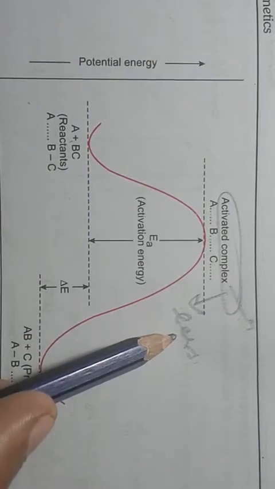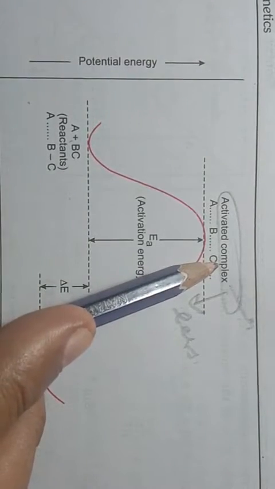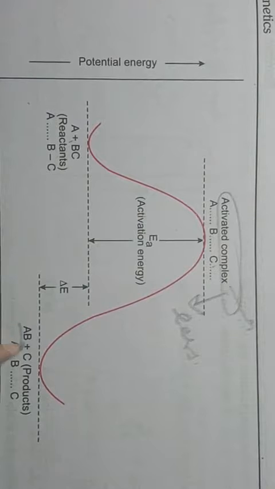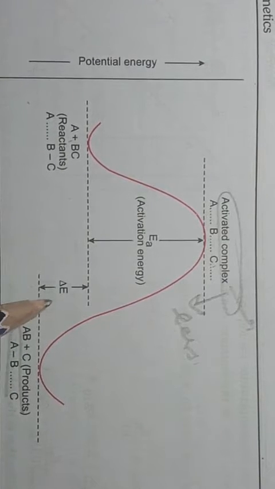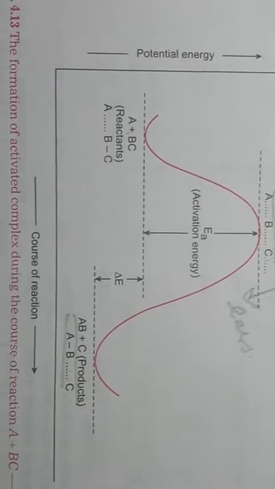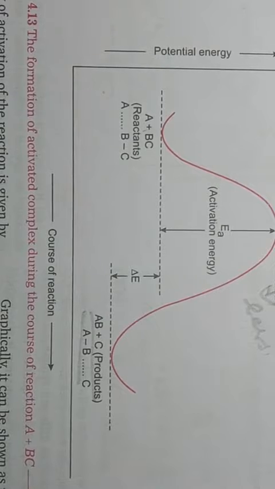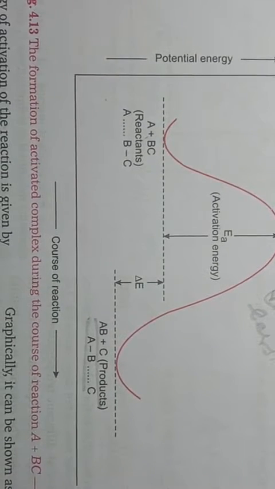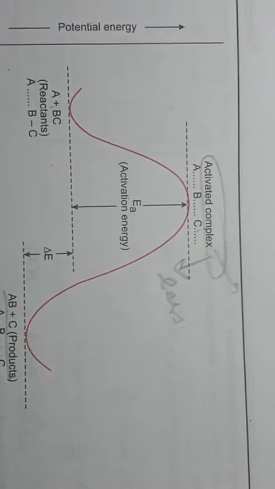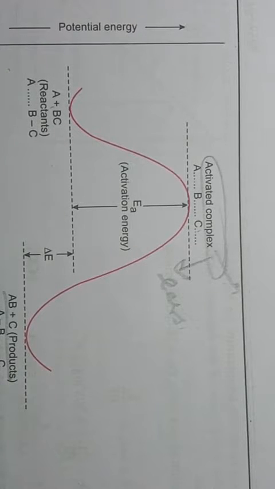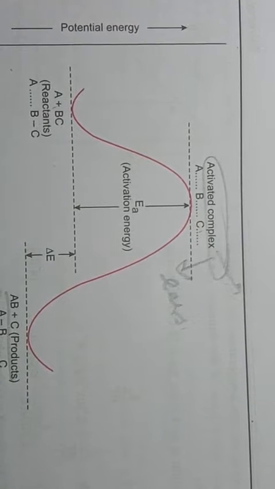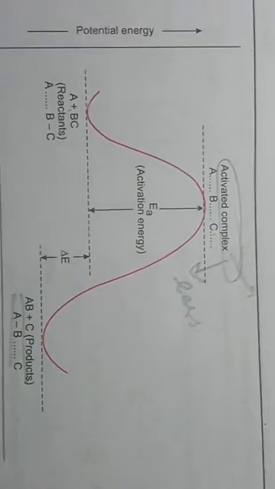Again this compound will be converted into product, and the extra amount of energy is released. Okay, so this is the course of reaction due to the formation of activated complex or transition state.